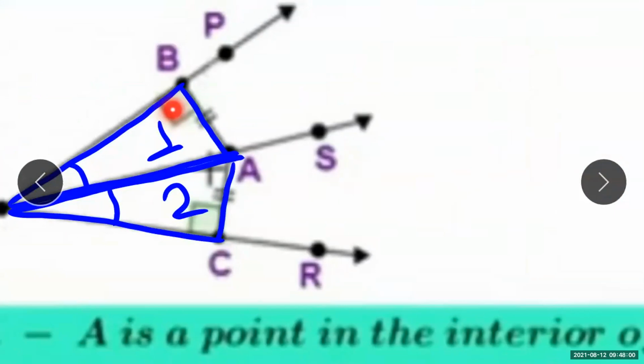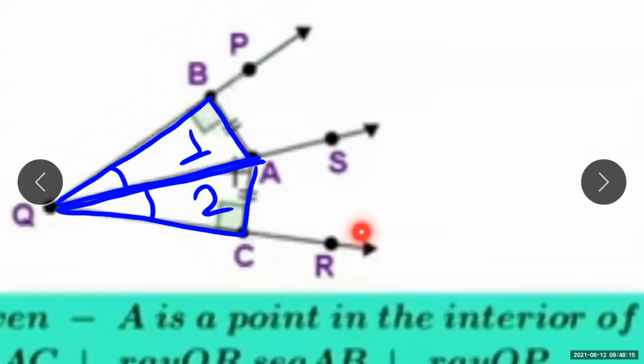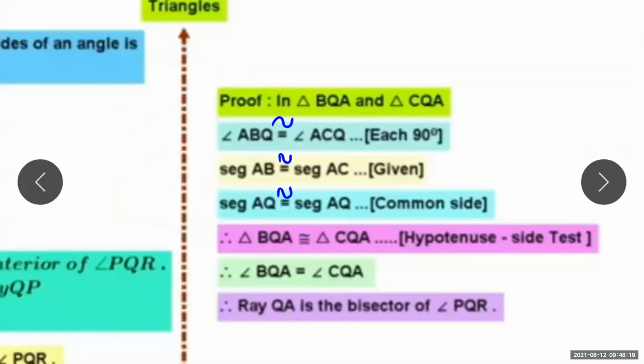Now students, see here: angle B, this side AB and this side AQ, means ASS. So by the ASS test, both the triangles are congruent to each other.